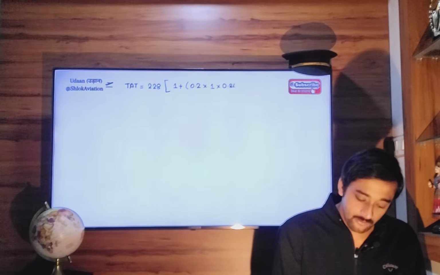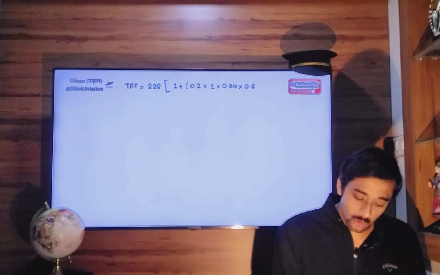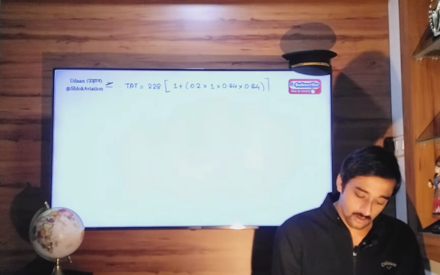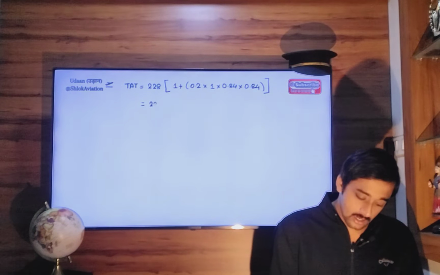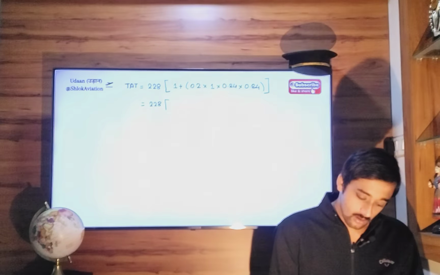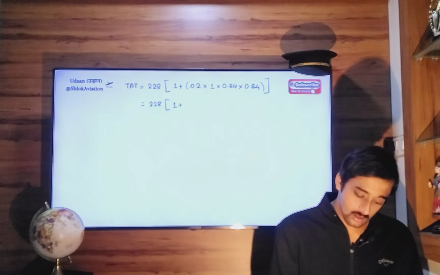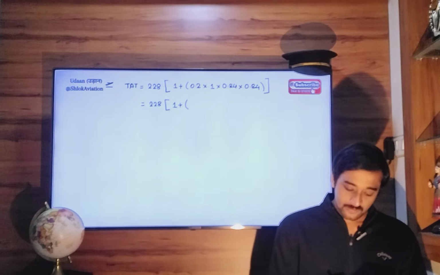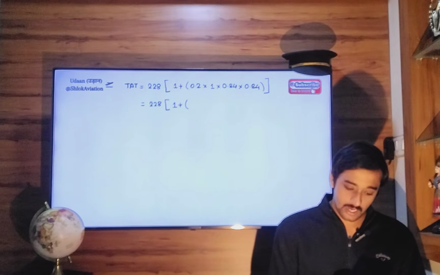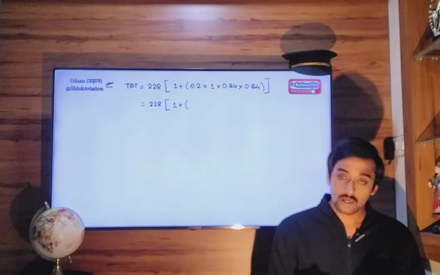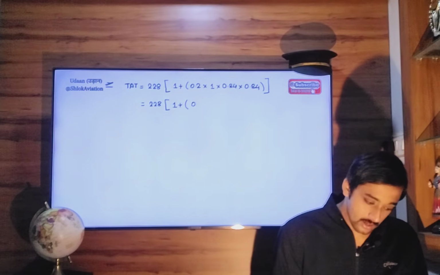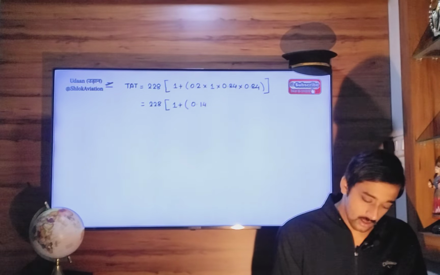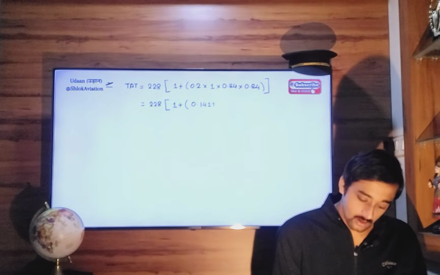So 0.84 multiplied by 0.84. 228, 1 plus 0.2 into 0.84 into 0.84, that is equal to 0.14112.